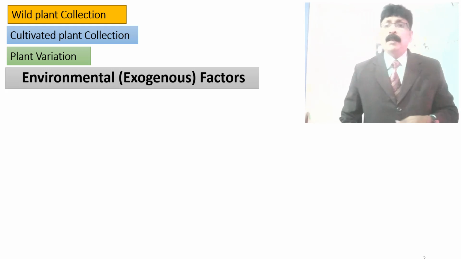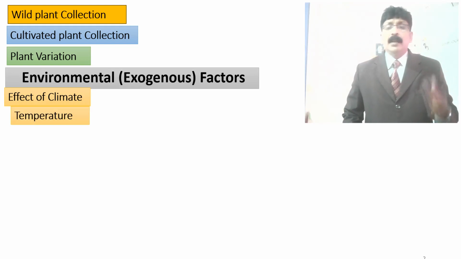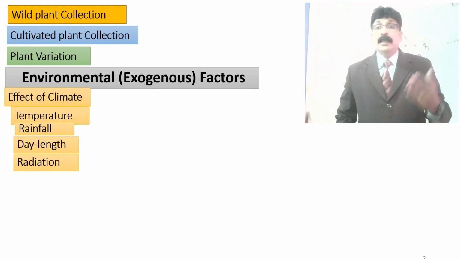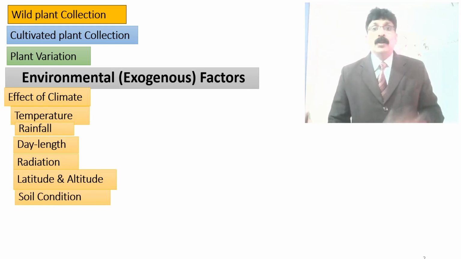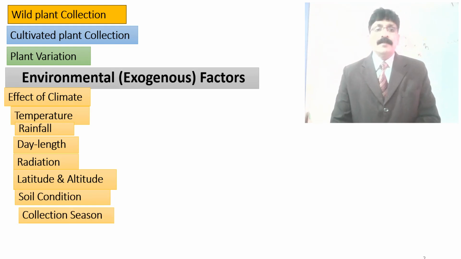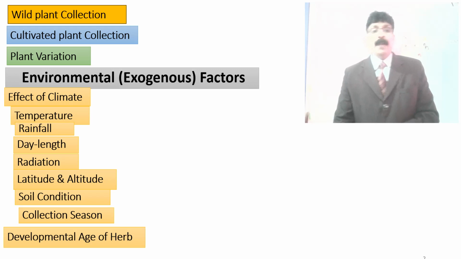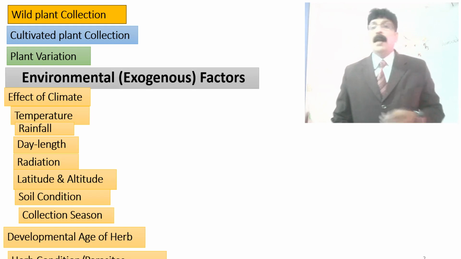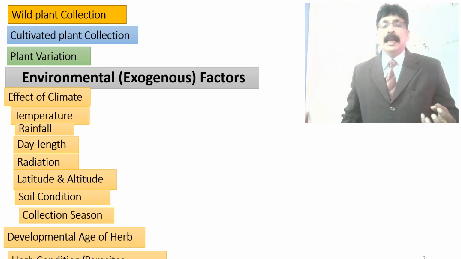For example, under exogenous or environmental factors, we are going to discuss the effect of climate, temperature, rainfall, day length, radiation, latitude and altitude, soil conditions, collection season, developmental age of herb, herb condition, and parasites which grow together.